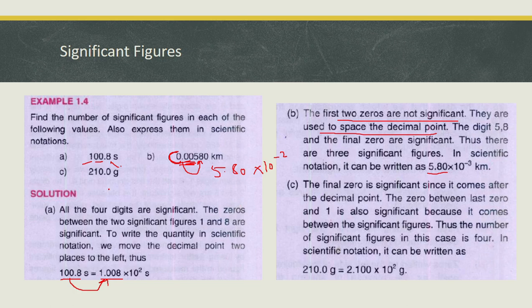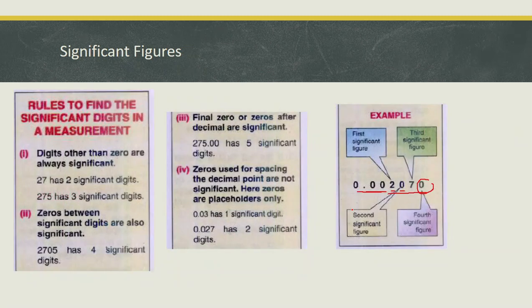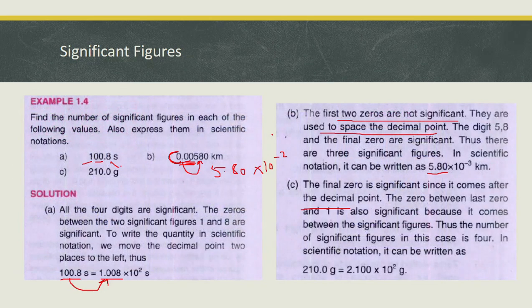Now 210.0, the final zero is significant since it comes after the decimal point. So if we see this rule, final zeros or zeros after the decimal are significant. That is why we can say that this zero is also significant because it is after a decimal point.